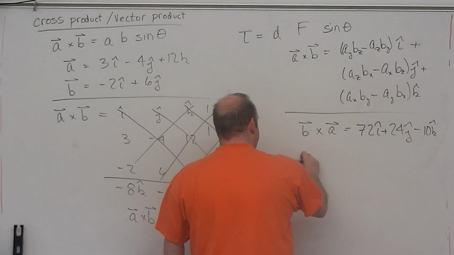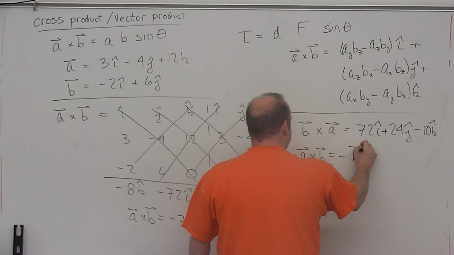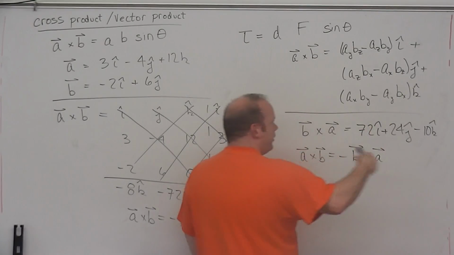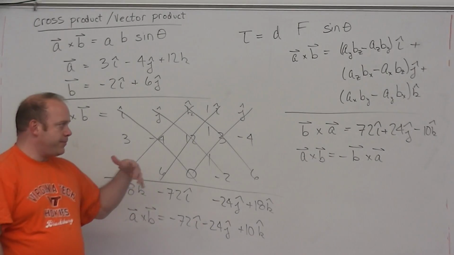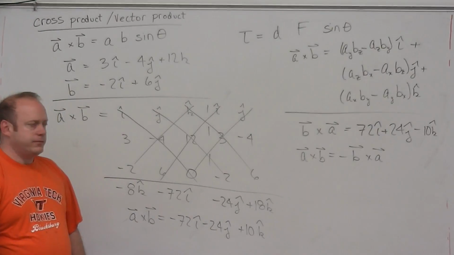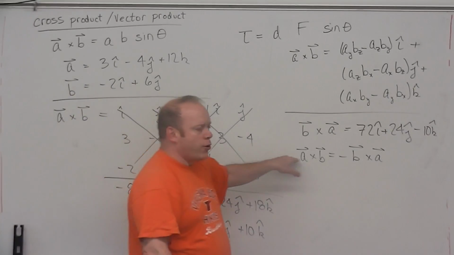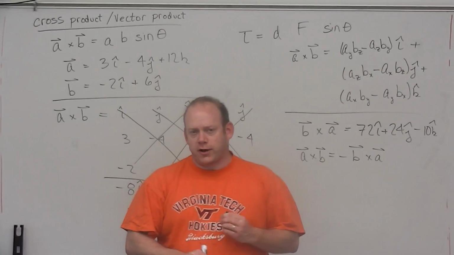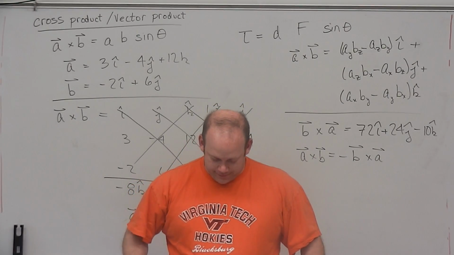In other words, A cross B is equal to negative B cross A. You could do the general thing and prove it in general, but a specific example shows it relatively nicely here. So order matters when you're doing cross product. If you reverse order, you reverse sign.